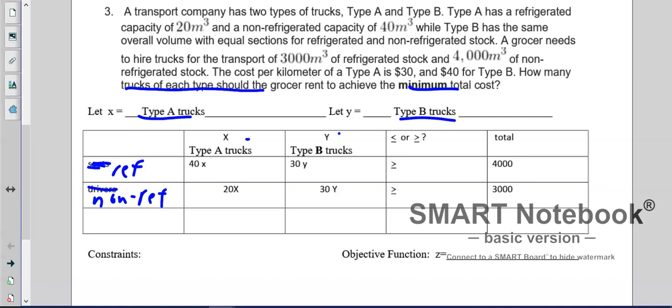So actually I just got those backwards. I'm on a roll. All right. And then type B has the same with equal sections. Okay. So 40 plus 20 is 60. So that means it's 30 and 30.